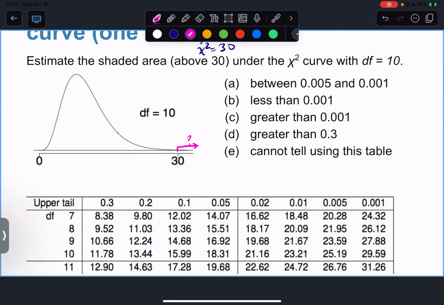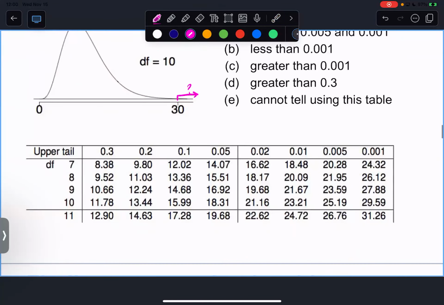If I have 10 degrees of freedom on this table, I'm trying to place 30 somewhere along this line, and notice how it's increasing as I move out further into the tail.